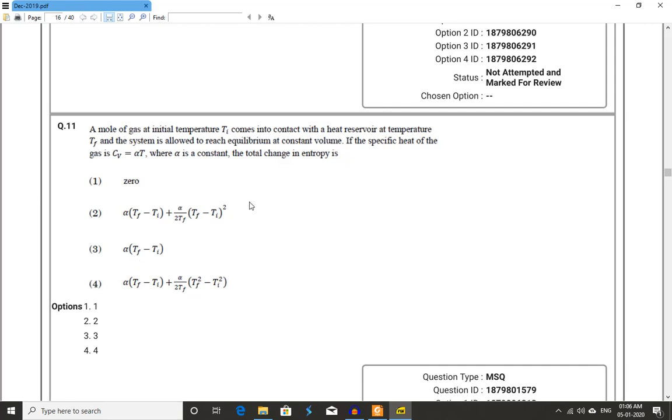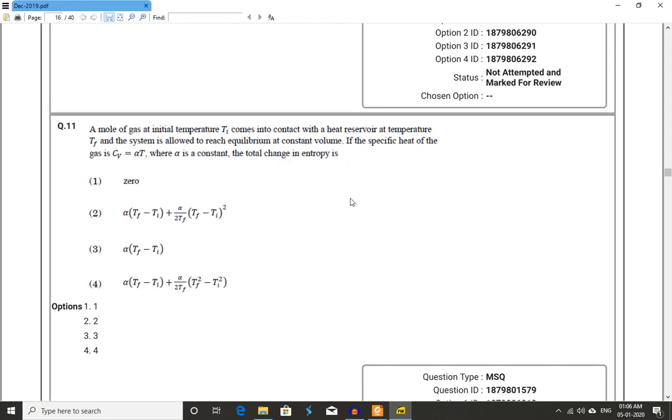That is not valid because your volume is constant, but pressure varies. Your temperature is varying and pressure is also varying. So entropy is not a function of temperature alone for real gases. The entropy will be a function of pressure also.